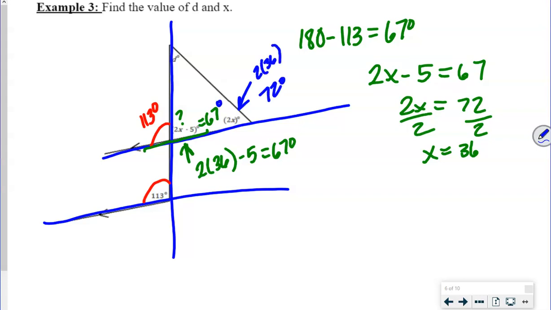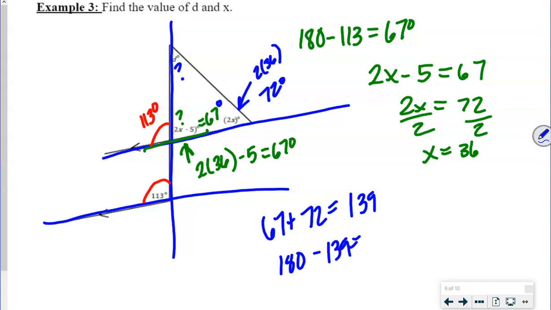So now we have 67 degrees there and 72 degrees in the bottom right. So what would we do to find D? Wouldn't we add 67 plus 72? And that's 139, okay? And what would we do with that 139? If we're trying to find the third angle up here, D, this is the one we're trying to find, right? So we're going to go 180 minus 139, and that's going to give me 41 degrees, right?